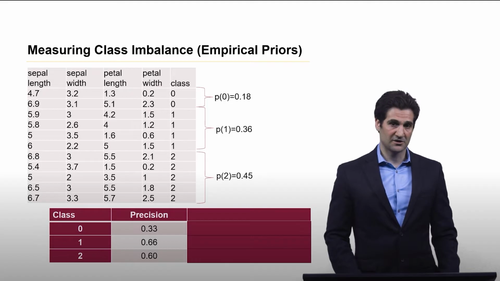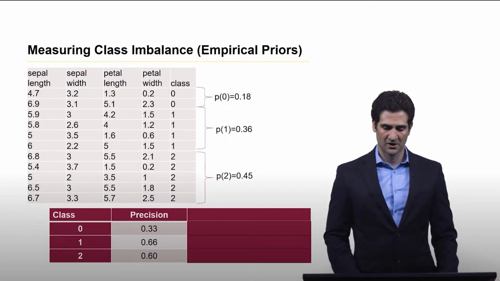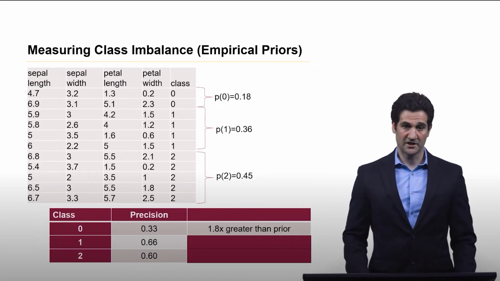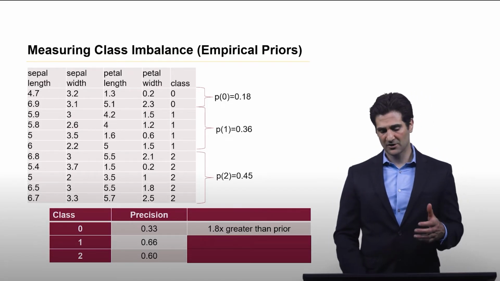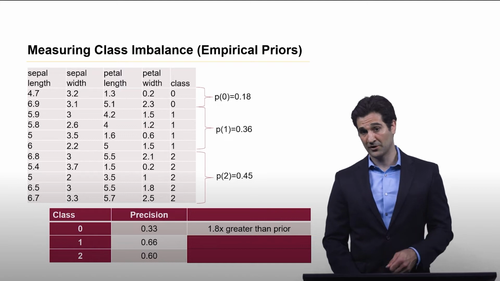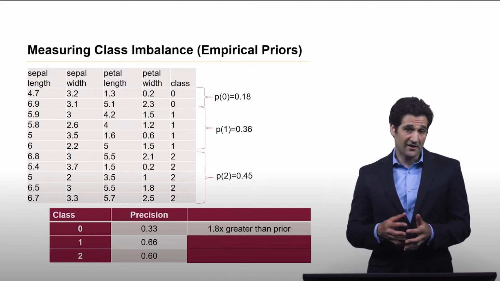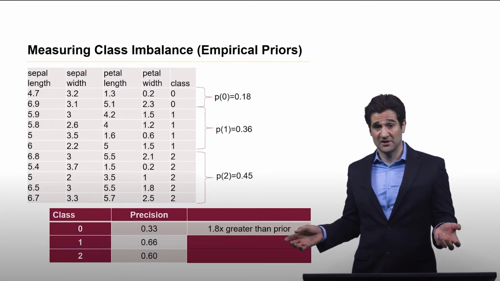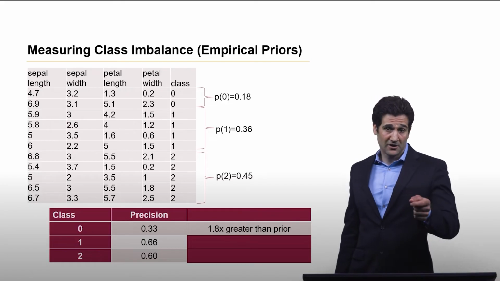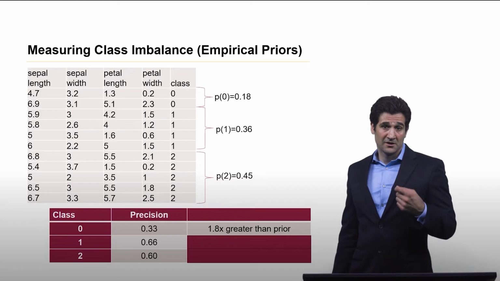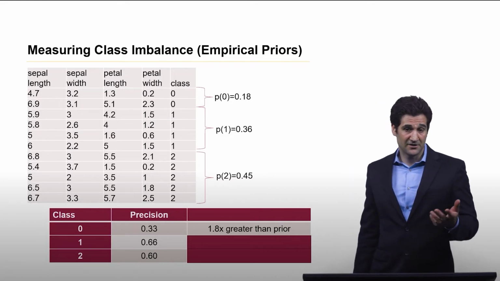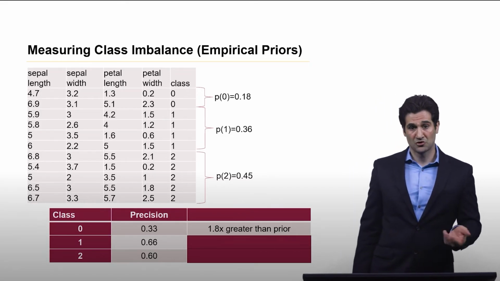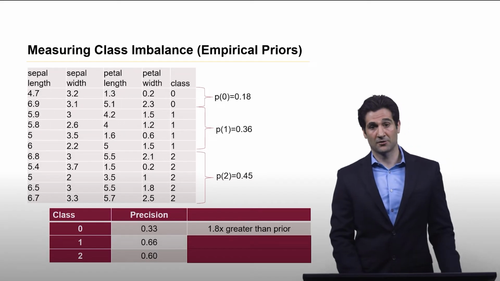So one thing to do is let's check how precision compares to random guess. Well, with class 0, it's 1.8 times greater. So even though we look at that precision score, it says 0.33, which a lot of us think, whoa, 0.33, it's worse than a coin flip, which is 50-50. In actuality, the coin flip we're talking about is going to land on heads only 18% of the time. So doing 33% is actually an improvement.